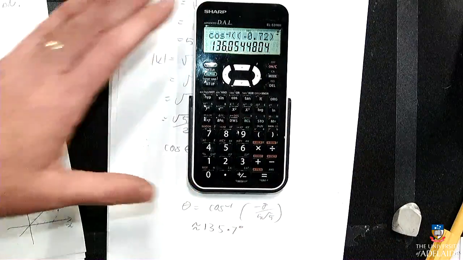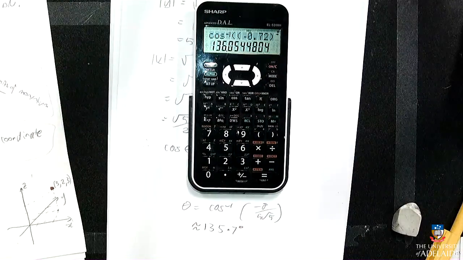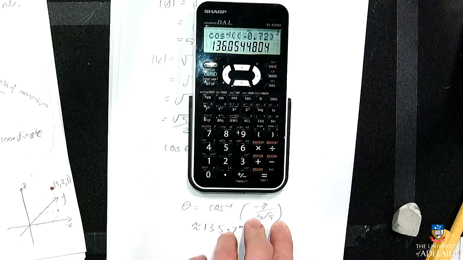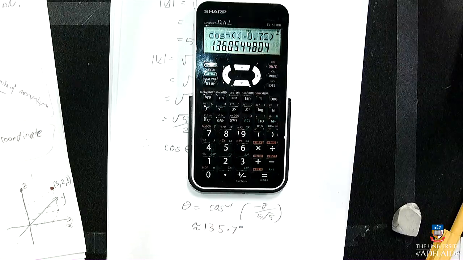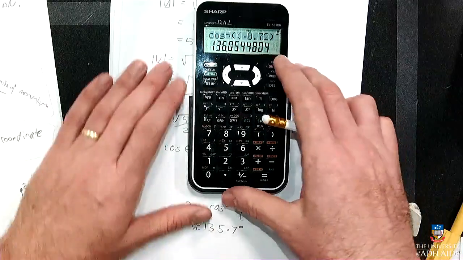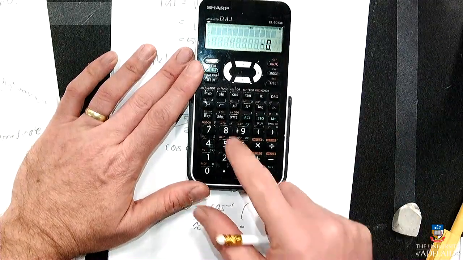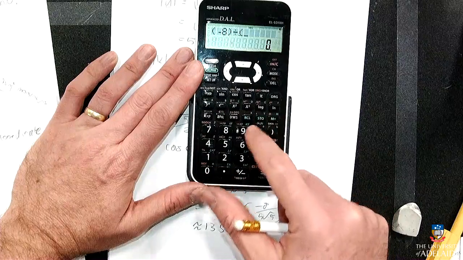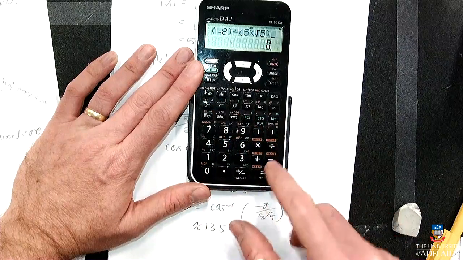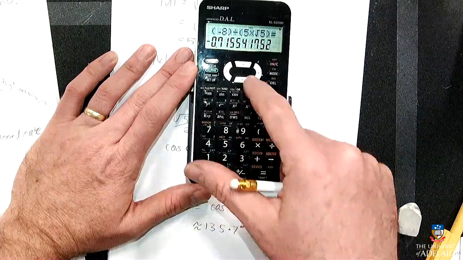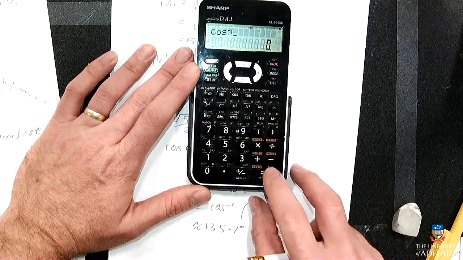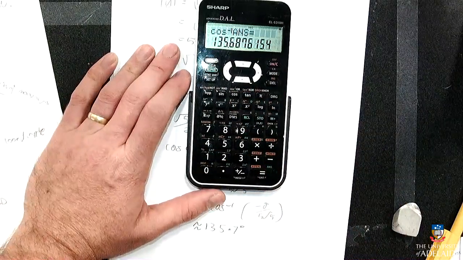It's actually out by like 0.6 of a degree-ish, and it will be wronger in some places than others. So don't round off first and redo it. Keep the answer, just do it all at once. Alternatively, I could have done minus 8 divided by 5 times square root of 5, and then done cos inverse of the answer, and that would have been fine as well.